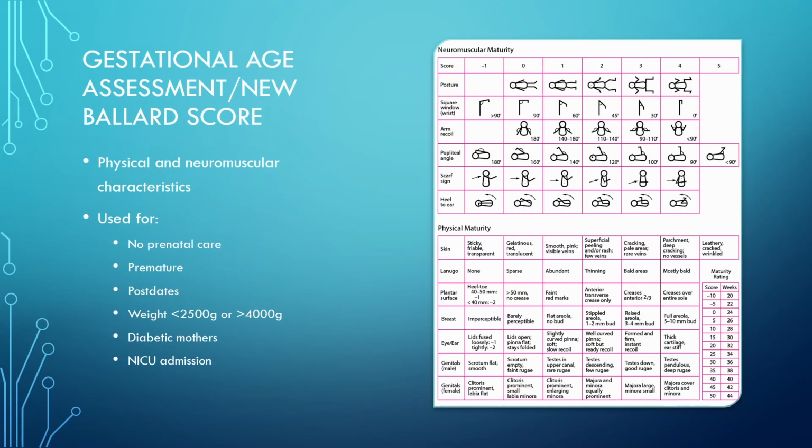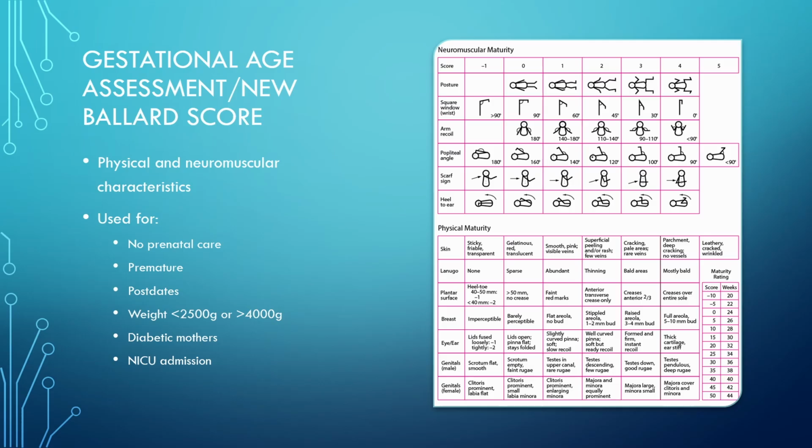Okay, a gestational age assessment. This is used for patients who come in and deliver with no prenatal care, so we don't know how many weeks gestation they are. If they're born premature or post-term, we can do this.